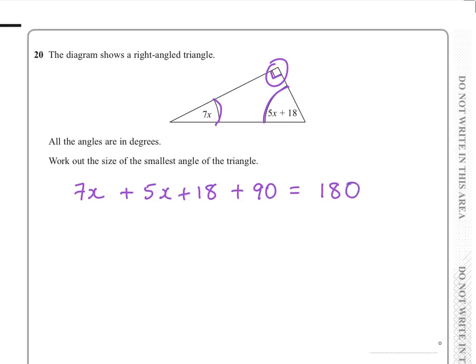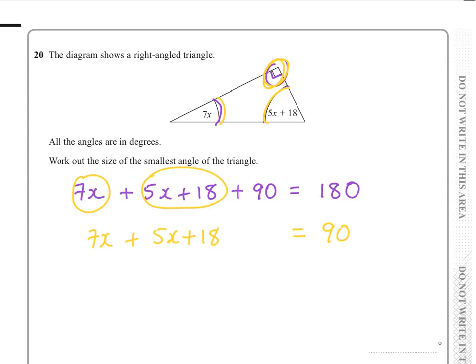In fact, what we could have said is that 7x plus 5x plus 18 would have to be 90, because don't forget this angle and this angle would have to make 90 because we already have a 90 given in our triangle.